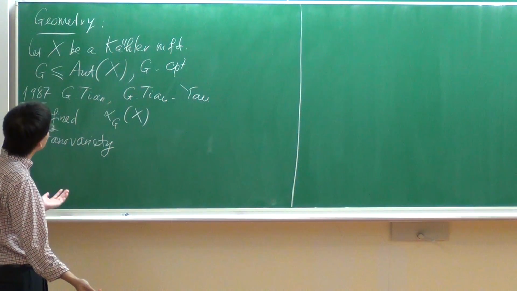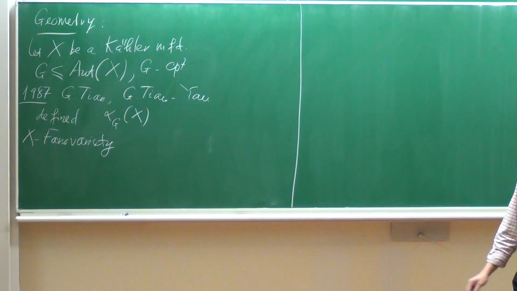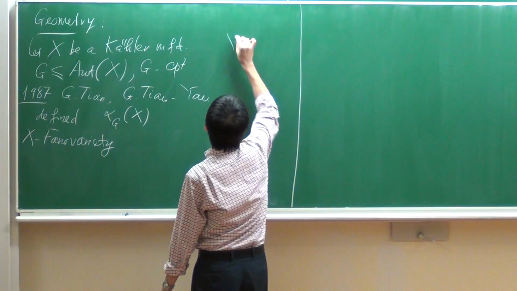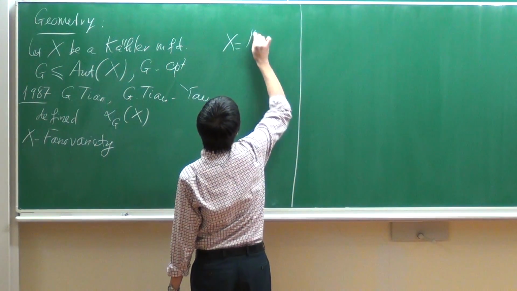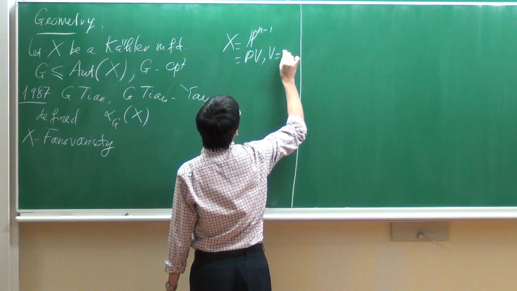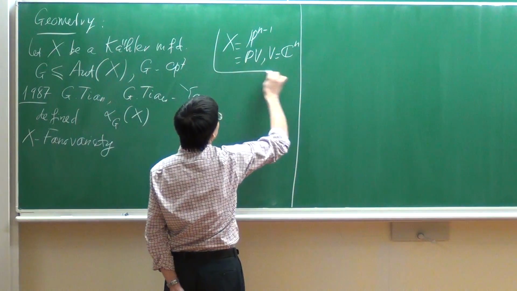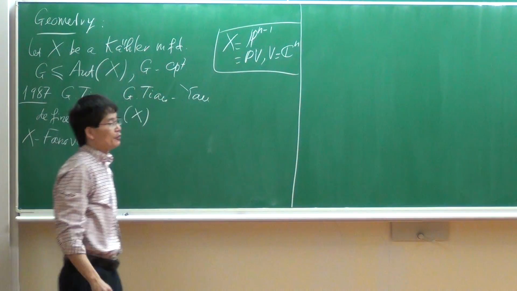Okay, so can I give you an example of a Kähler manifold or Fano variety? So the basic example is going to be X is just a projective space P(V), where V is an n-dimensional space over C. So that would be our basic example, and this is the only one that we are going to consider.